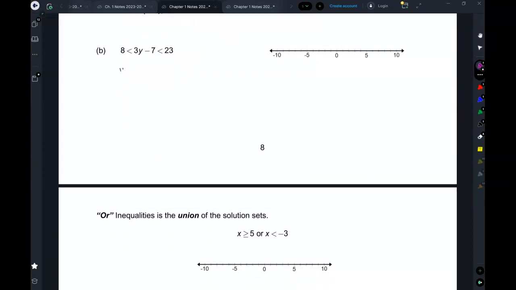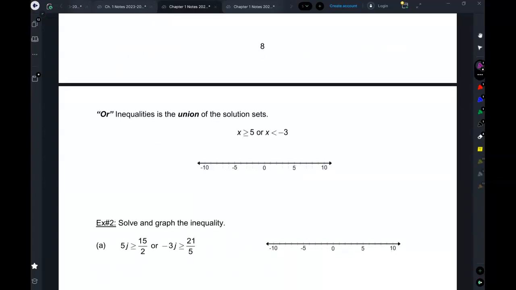Add 7, so we get 15, 3y, 30. So we get 5 is less than y is less than 10. Okay, questions? Okay, when you're doing this, you can still do this on lined paper, right? It doesn't have to be graph paper because it's just a number line.